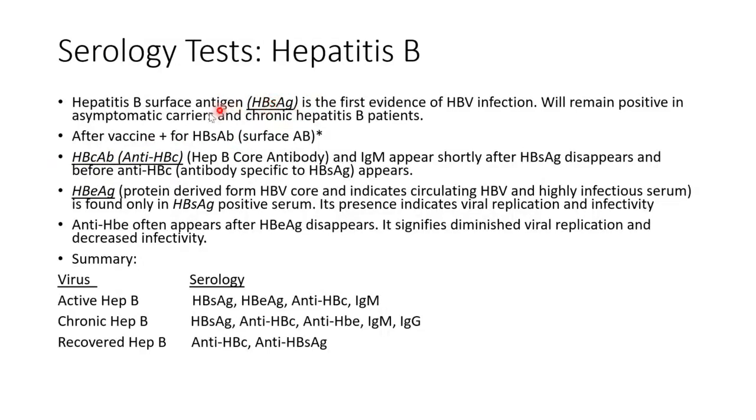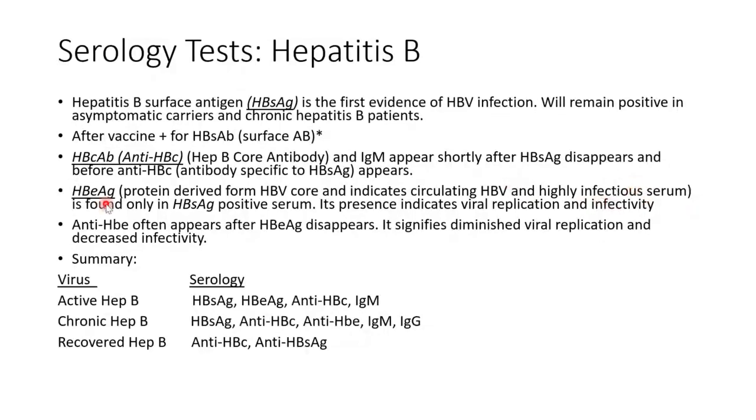But to determine where somebody is in their hepatitis, if it's acute or if it's in the past, we're going to draw a core antibody. So the HBeAg, a protein derived from hepatitis B virus core, indicates circulating hepatitis B virus and highly infectious serum. That's it right there.